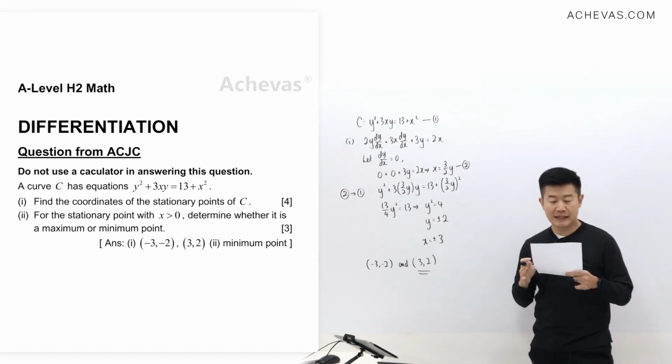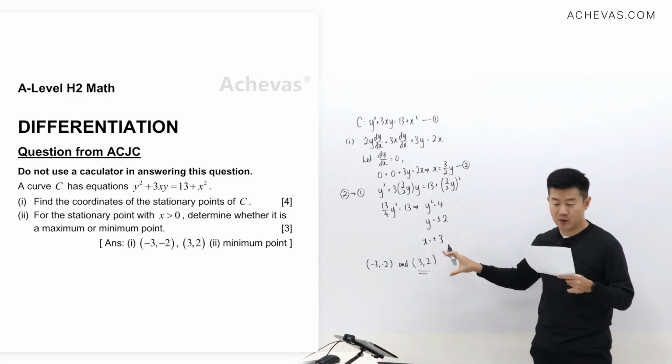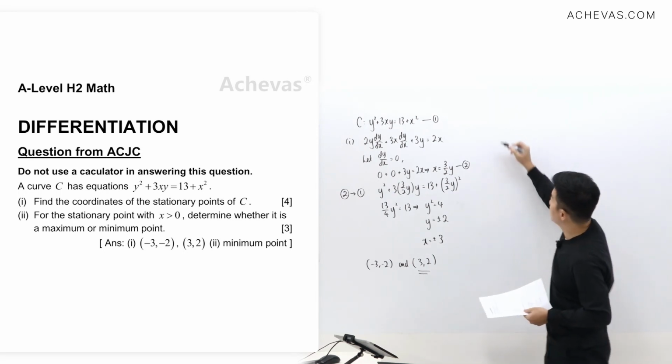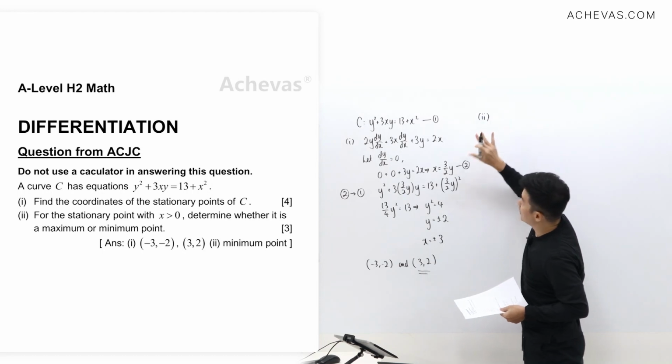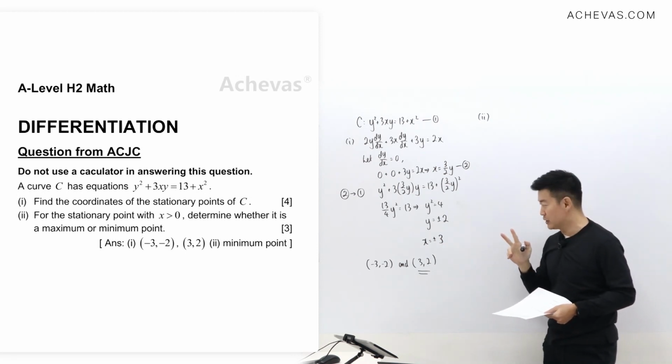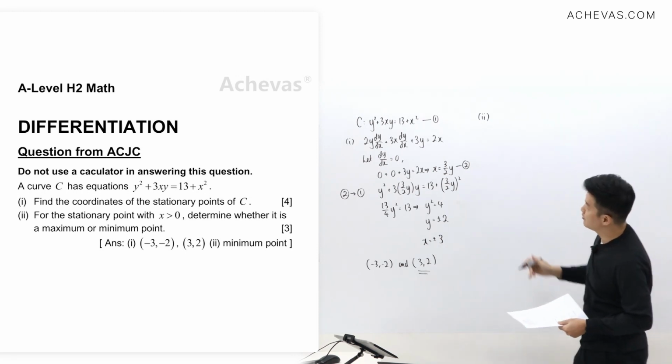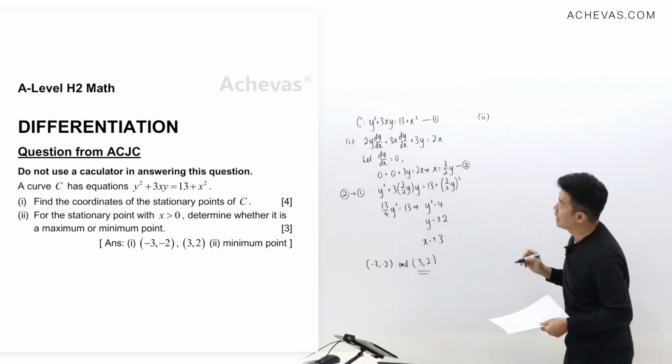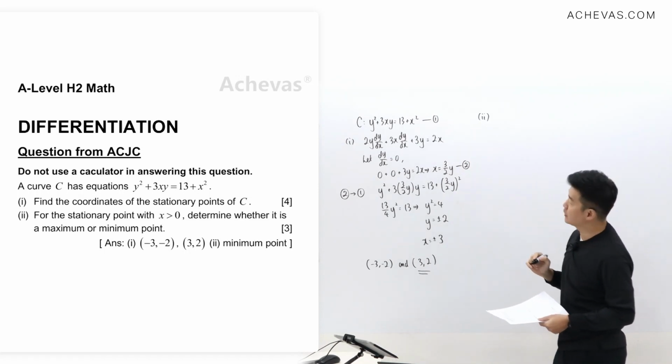So what we want to do in this part is to determine whether this point here is a maximum or a minimum point. So from the information that we have so far, what I'm going to make use of is the second derivative to try to determine whether this point here is a maximum or minimum point. So I'm going to take this equation here and I'll differentiate it again with respect to x.